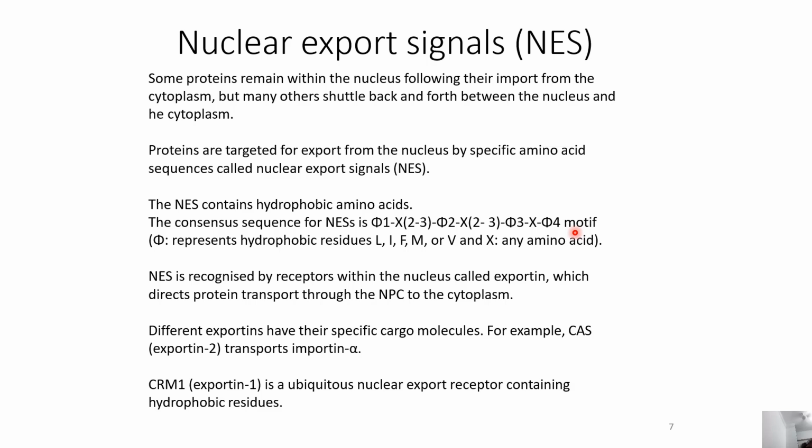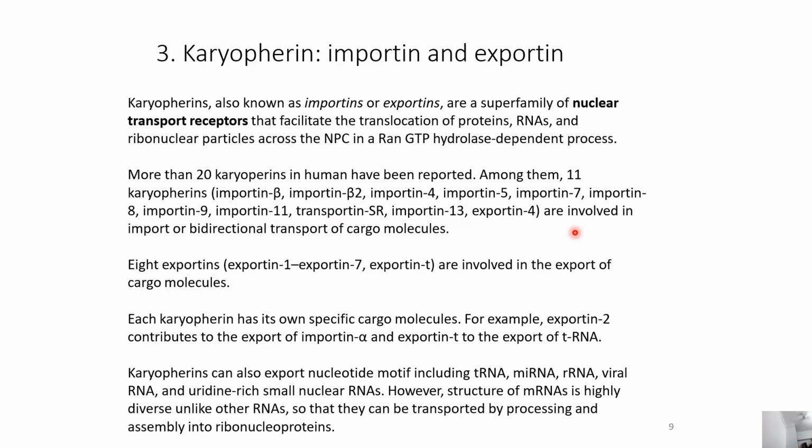An NES is recognized by transporters within the nucleus called exportins, which transport the cargo into the cytoplasm, and different exportins have their specific cargo molecules. For example, CRM1 is the exportin for many proteins.